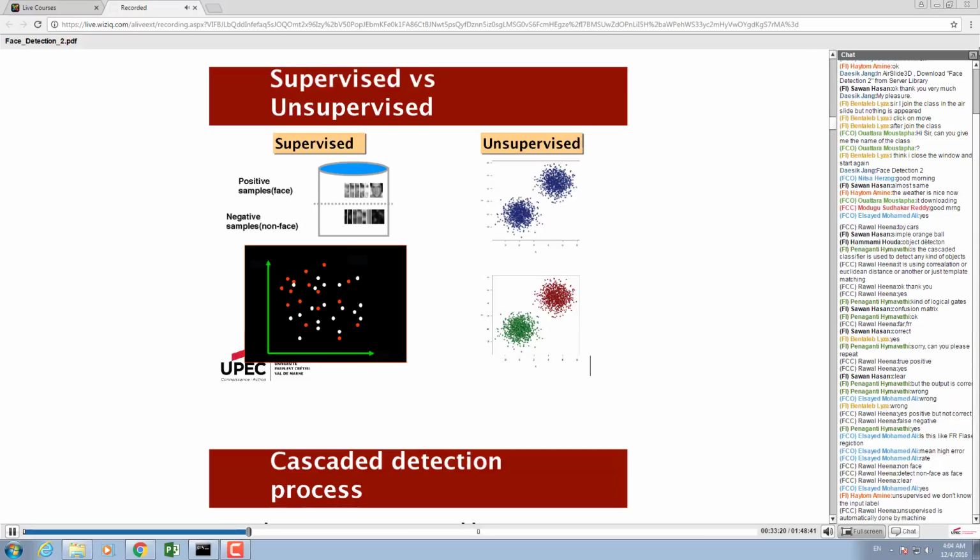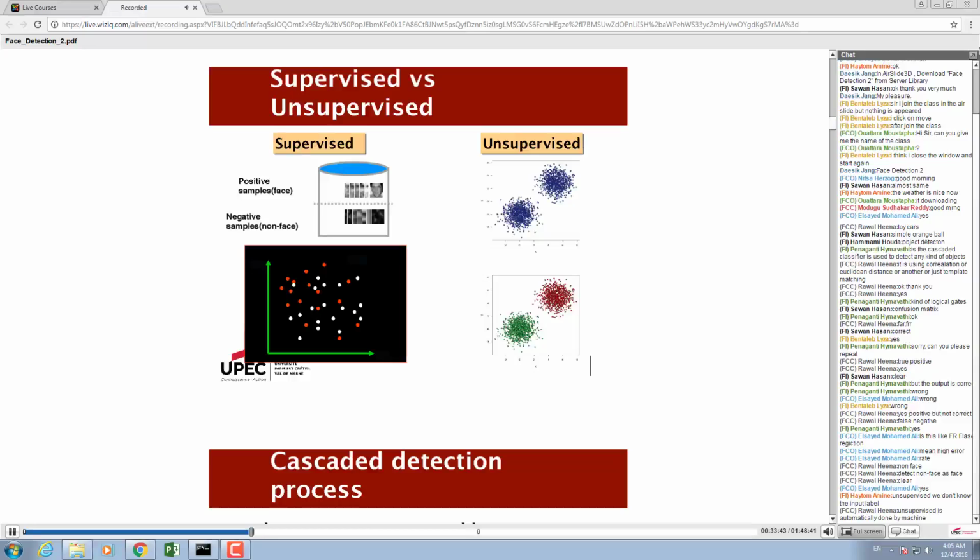Yes. Yeah, good answer. So unsupervised, we don't include the label. It means, in case of supervised, we know the label. Okay, label. Yeah, we can say label. And unsupervised is automatically done by machine. Yeah.